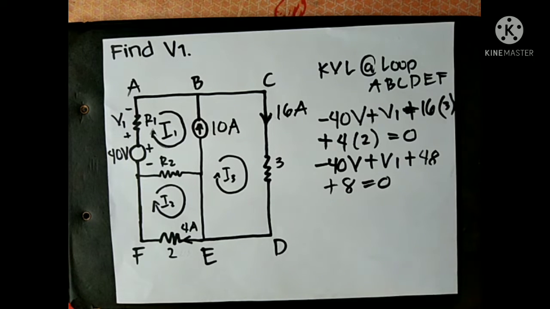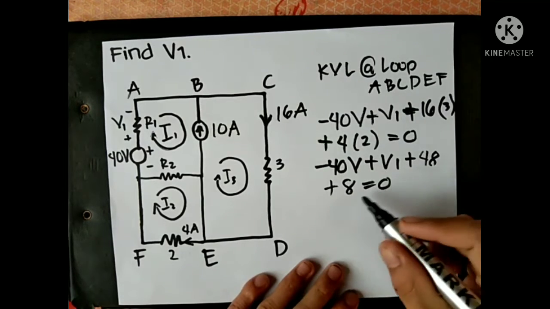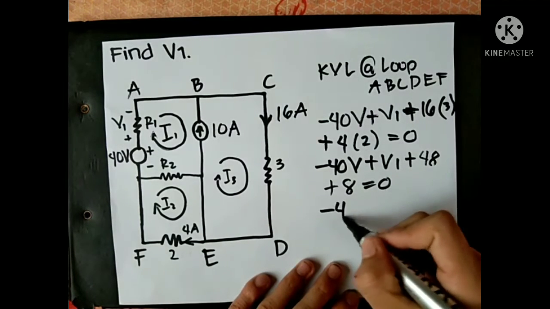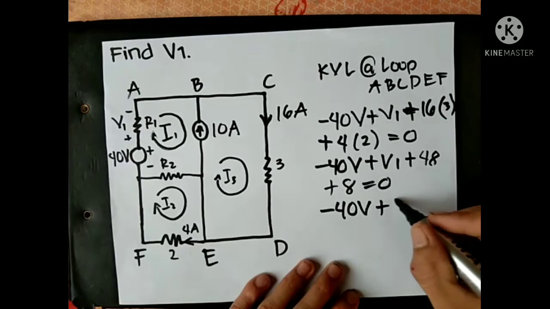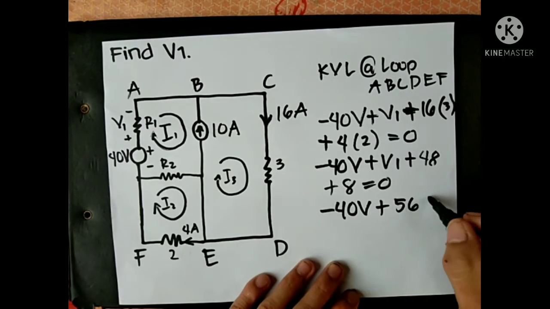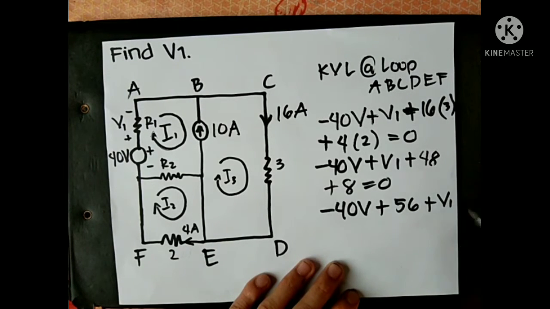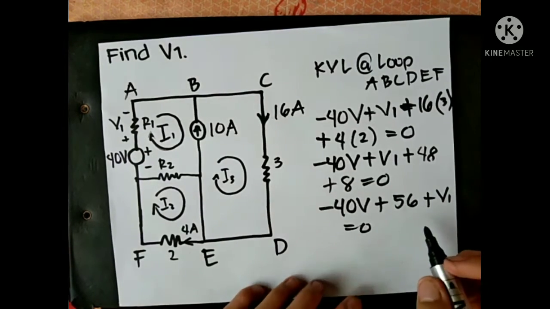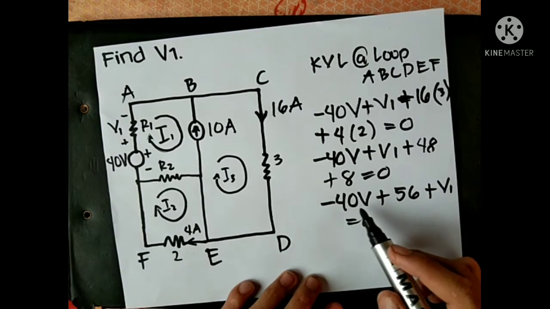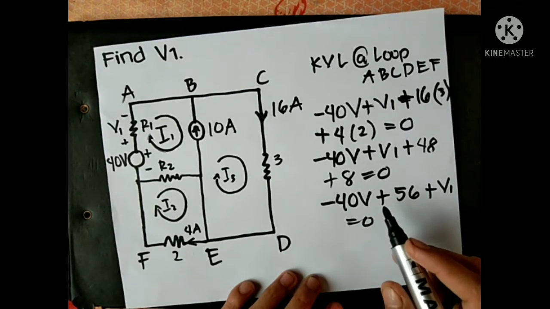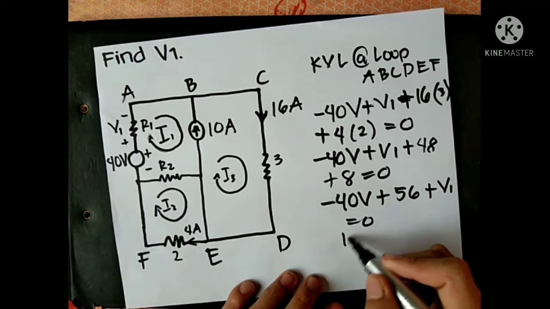Next, we can add the 48 and 8, so negative 40 volts plus 56 plus V1 is equal to 0. Since this is a negative and a positive sign, we can subtract, so the answer would be 16.